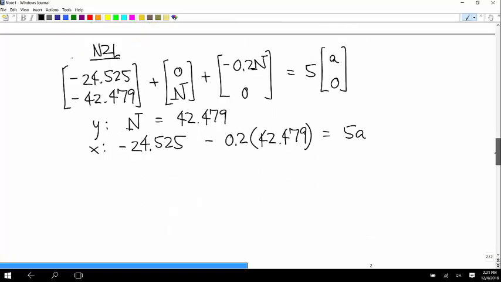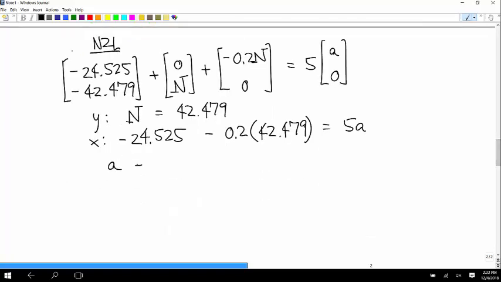And now you can solve for a. So a is equal to negative 6.61 about.